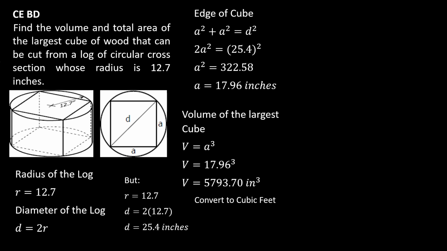Let us now convert our volume to cubic feet. In order to convert, let us not forget that 1 foot is equal to 12 inches. For our conversion process, volume is equal to 5,793.70 cubic inches times 1 cubic foot over 12 raised to the third power.